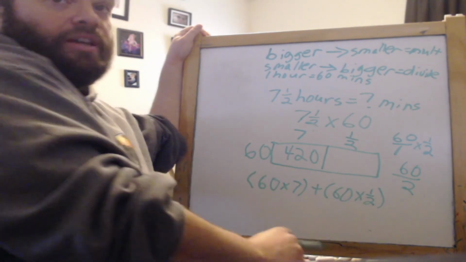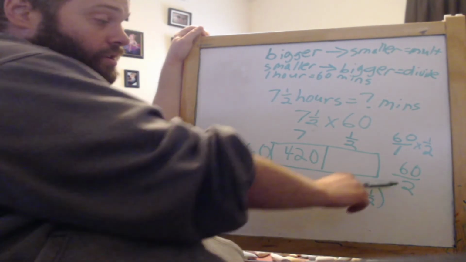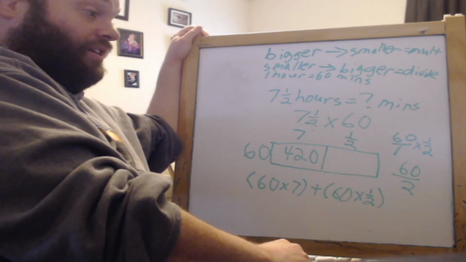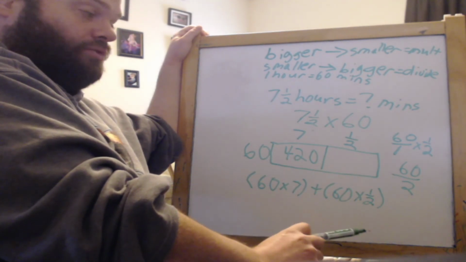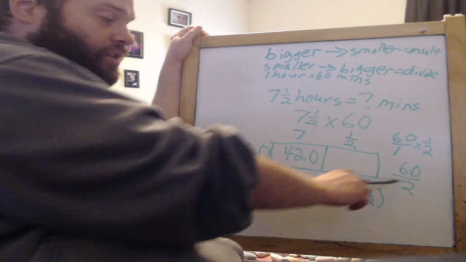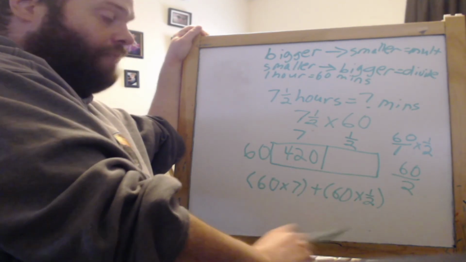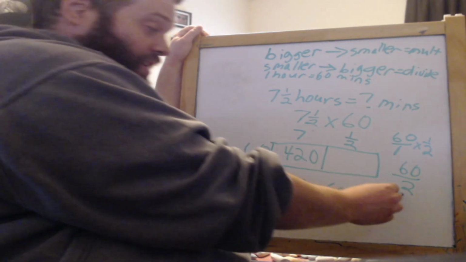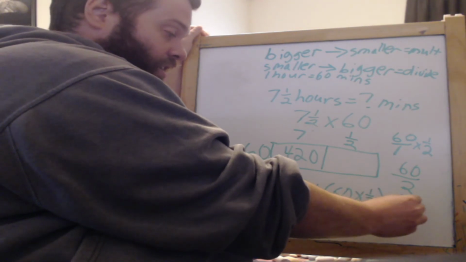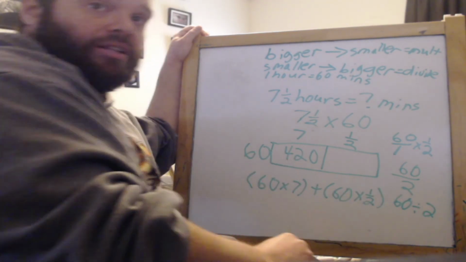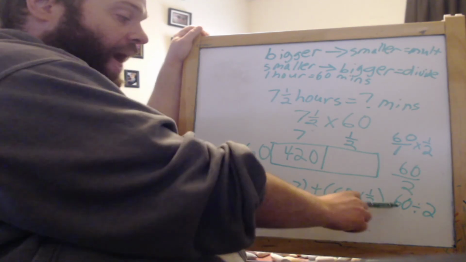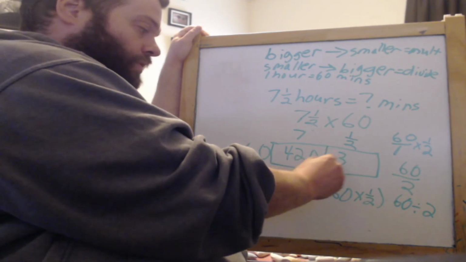And as I've said before in many of my videos, the fraction bar is the same as a division sign. So another way to write it is 60 divided by 2, which I know half of 60 is 30.